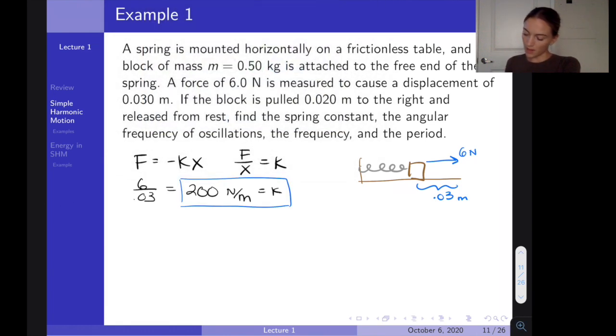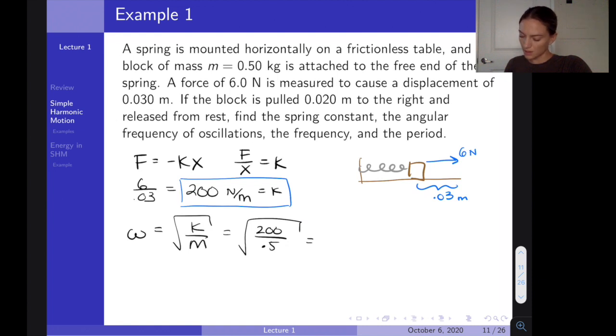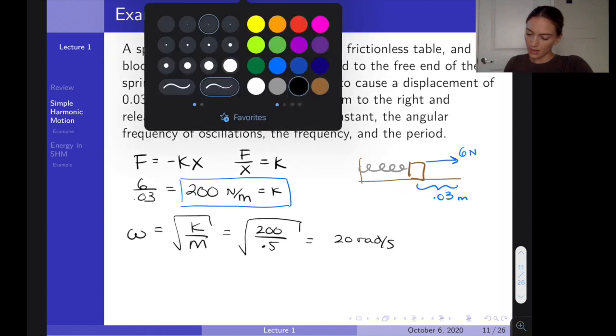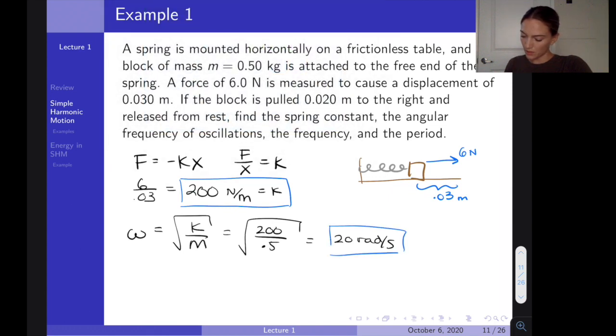Now we want to find the angular frequency. That's omega, and we said omega was the square root of k over m. So we just do 200, I'm going to ignore the units for now, 200 divided by 0.5, and we take the square root, and that gives us 20 radians per second. So that is our angular frequency.